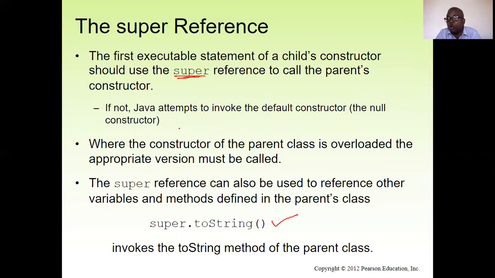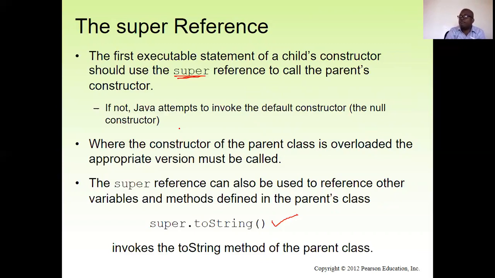If I have no constructor in the parent class, then there's no problem, which is the case with the book and the dictionary. There was no constructor, so what Java did was to automatically invoke the null constructor. But if I have a constructor, it automatically means that I have overloaded the default constructor.